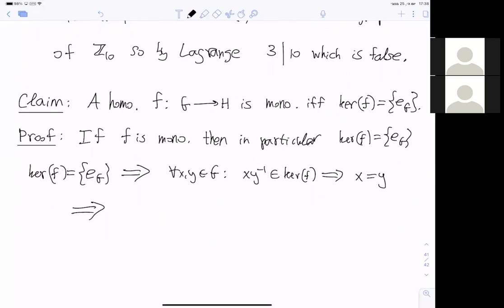But then it means that for any x, y in G, f of x y minus 1 being equal to EH is the same thing, just written in a different way.